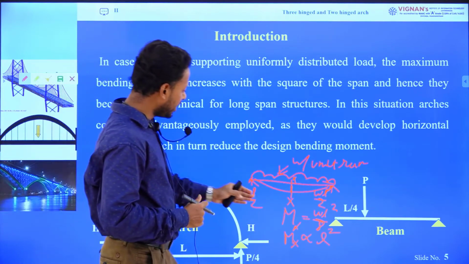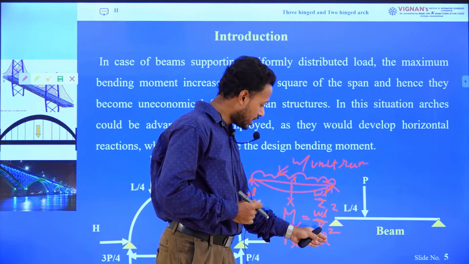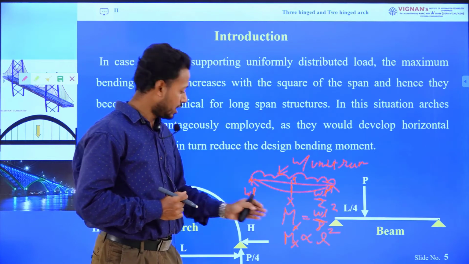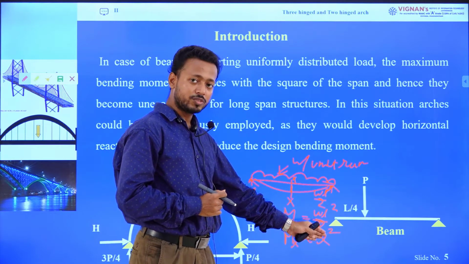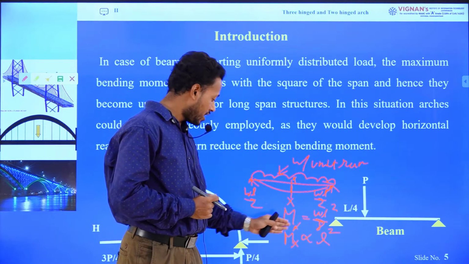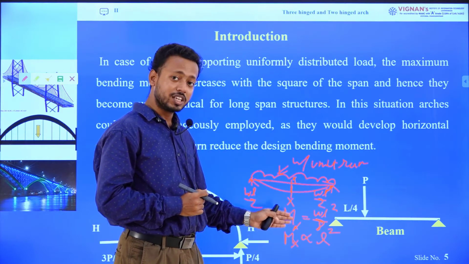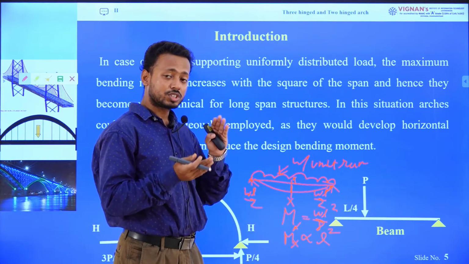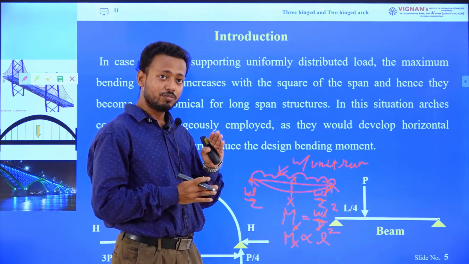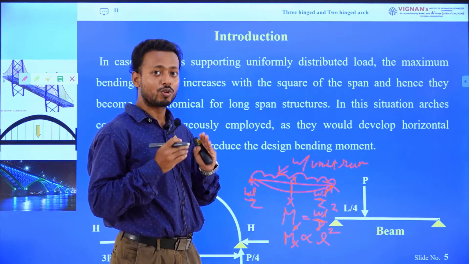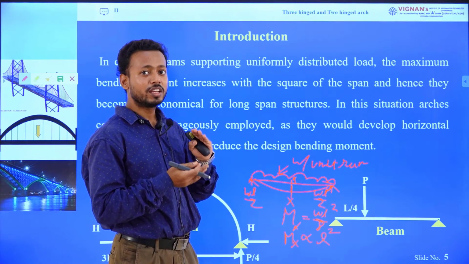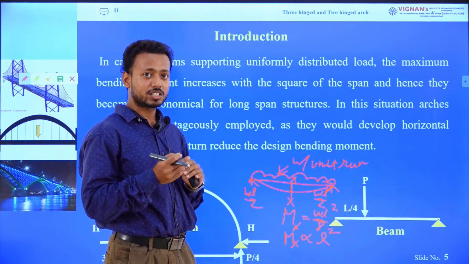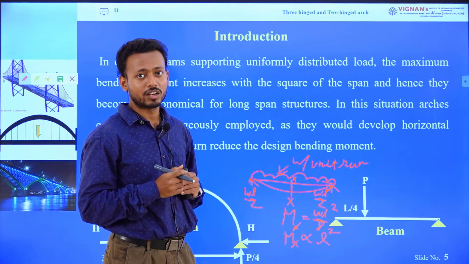If the bending moment increases, you have to provide a larger cross section of the girder. That makes the section uneconomical.